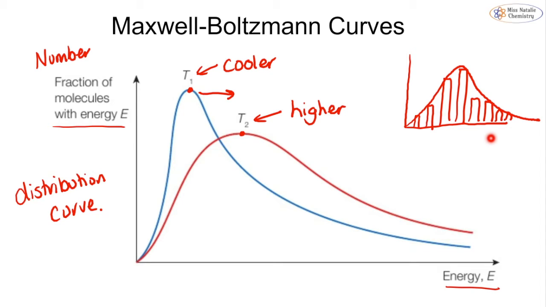You will also see that the peak is lower, and that just means that the fraction of molecules is lower because we have a slightly wider distribution. Okay? And what we can then do is add on an activation energy to show what fraction of particles are going to have the required activation energy.